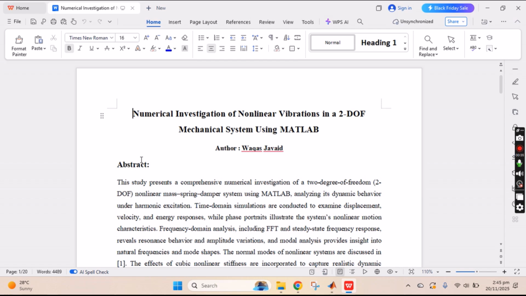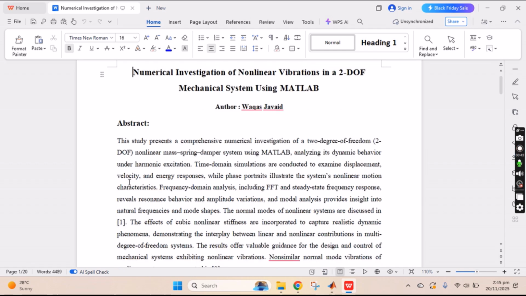So the frequency domain analysis, including the FFT and steady state frequency response, reveals the resonance behavior and amplitude variations, and according to the modal analysis, provides insight into the natural frequencies and the mode shapes.